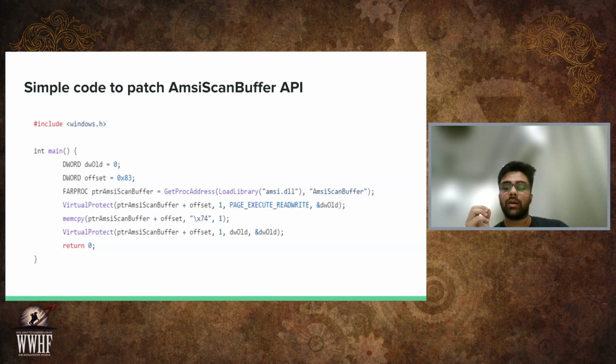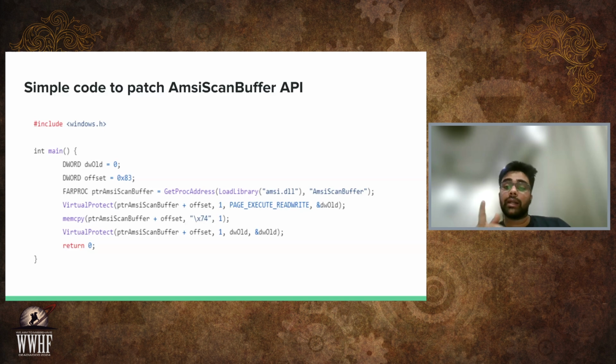We override it with the hexadecimal value 74, and then we revert back to the old protection that was on that memory space, and then we simply return. We close all the handles, and that's it. This is what's required to patch AmsiScanBuffer in memory.